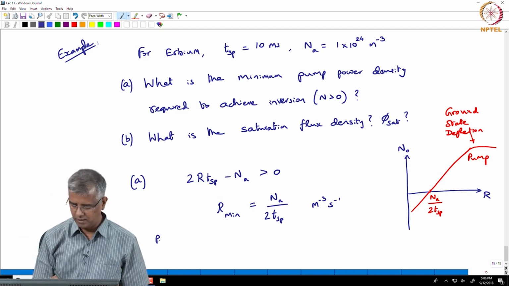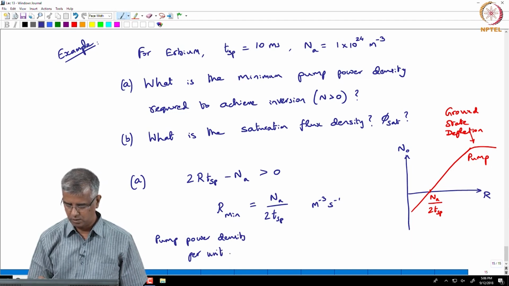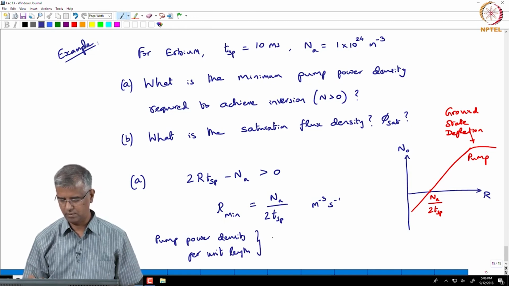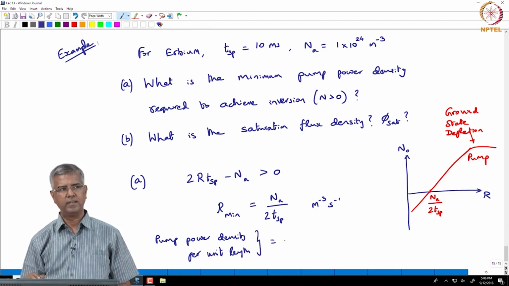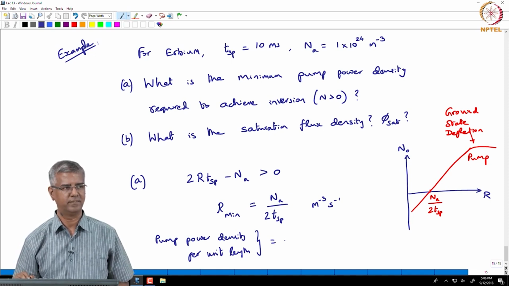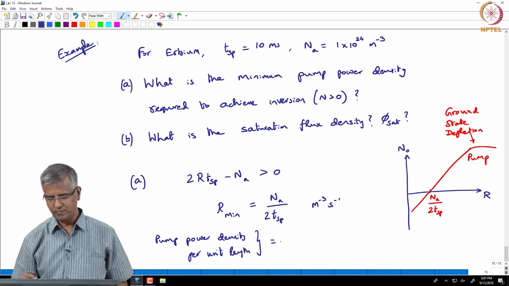So, if I were to say what is the pump power density per unit length, what quantity, if you have a rate, what quantity do you have to multiply that with to get power? Energy, right, energy divided by time is power, right. So, what energy?